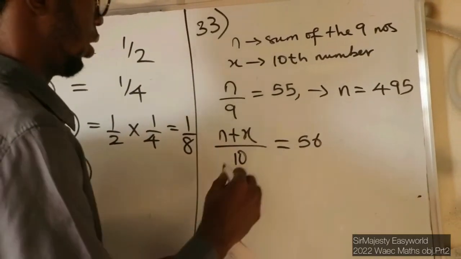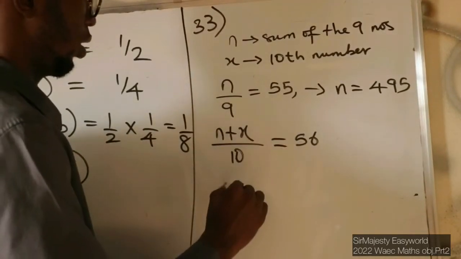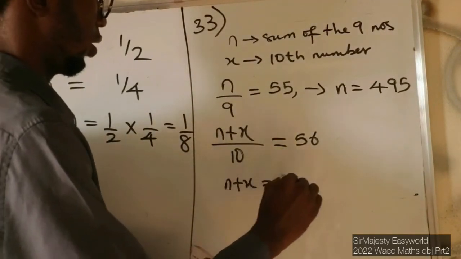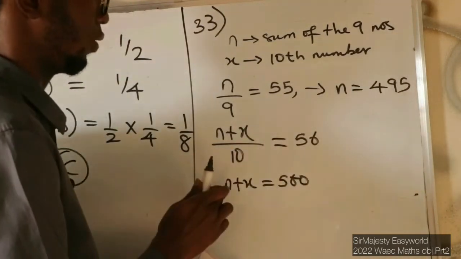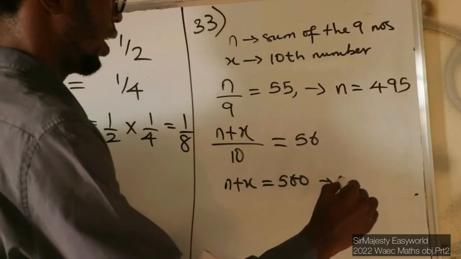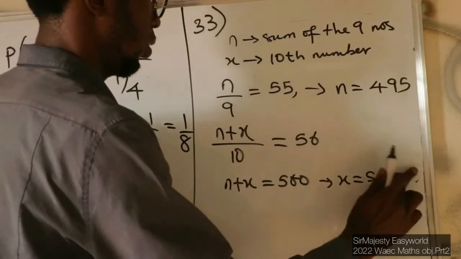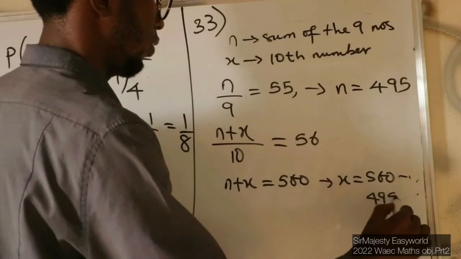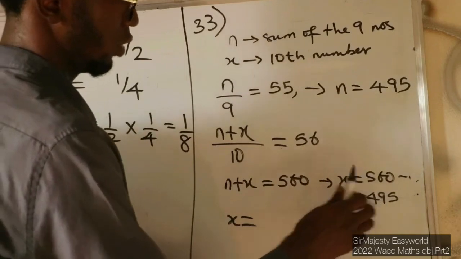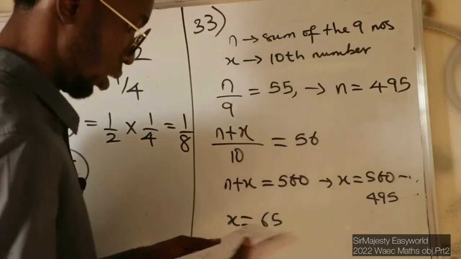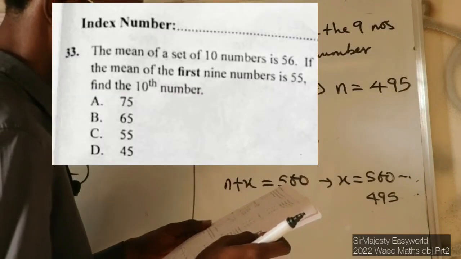If we cross multiply, 10 times 56 gives us 560. Then we substitute the value 495 for n. So x is equal to 560 minus 495, which is 65. In our options, 65 is option B.